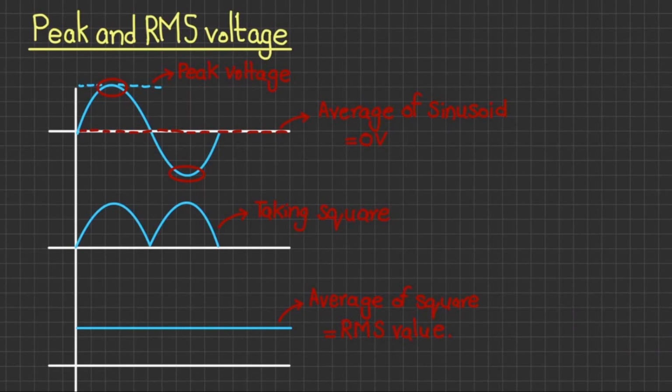The average of the resultant waveform is therefore non-zero and has more significance in AC signals. This resultant average is called the root mean square or RMS value of an AC signal. It is the RMS value of alternating current that will determine how much effective power will be delivered to a resistive load.